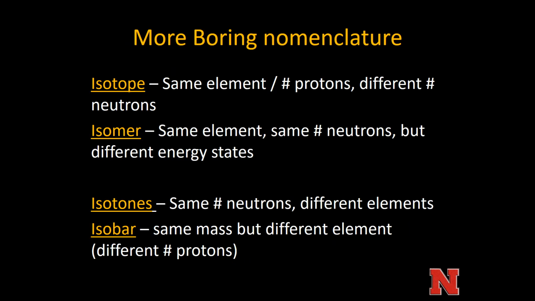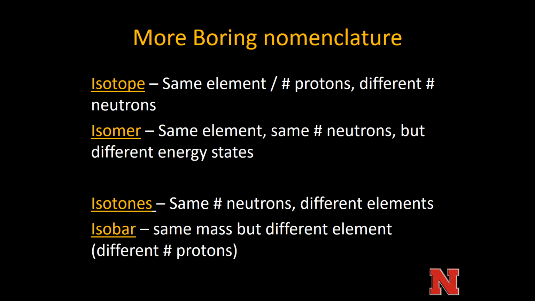More boring nomenclature. So you really have to be cognizant of what the difference between an isotope, an isomer, an isotone, and an isobar is. It would be a shame if you failed the diagnostic radiology core exam because you couldn't define these four things. So an isotope is the same element. By that fact, it has the same number of protons, but it has a different number of neutrons and therefore a different mass number.